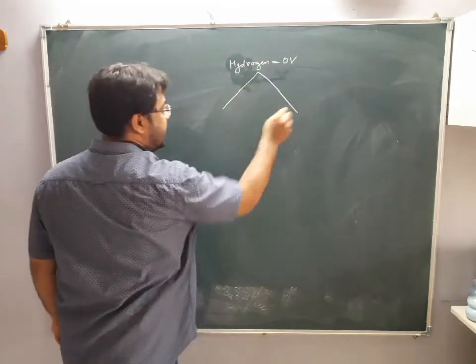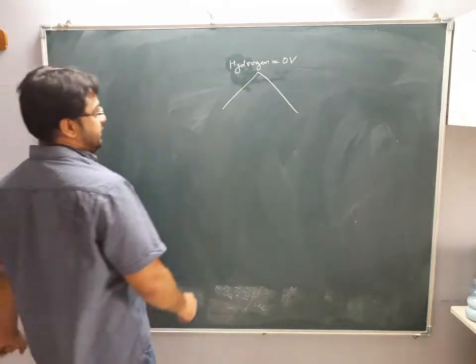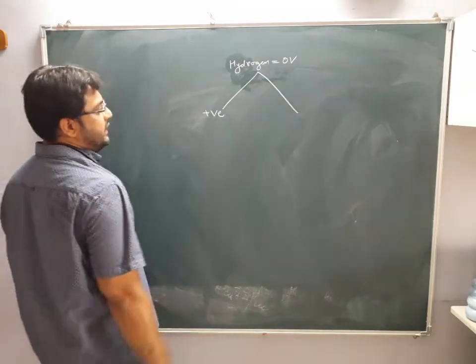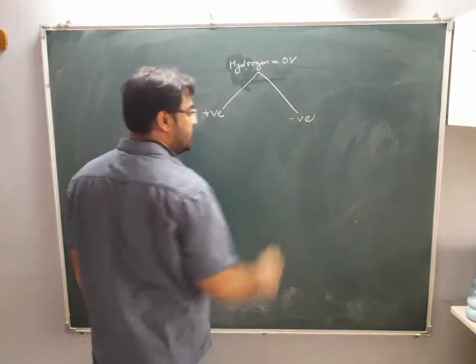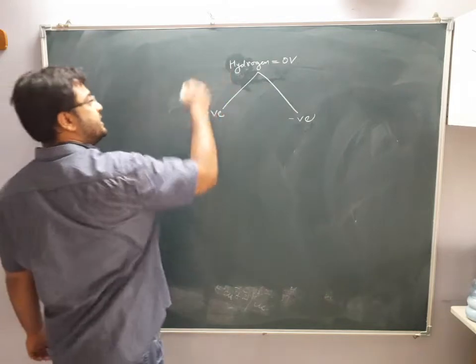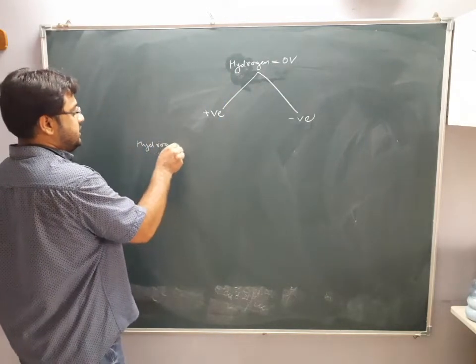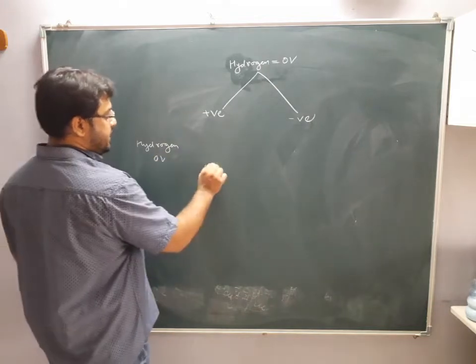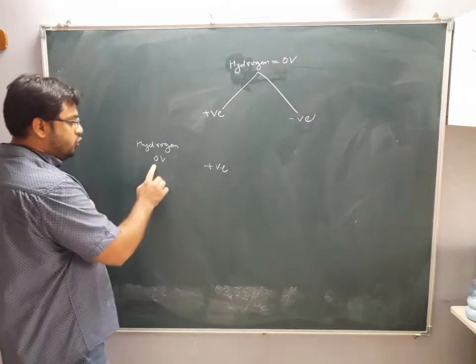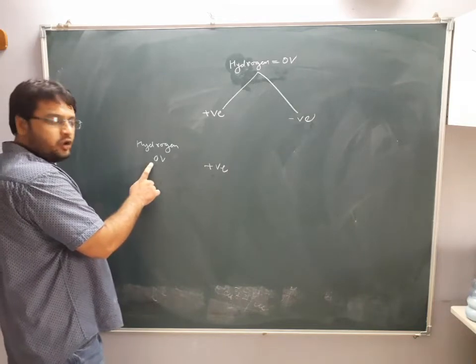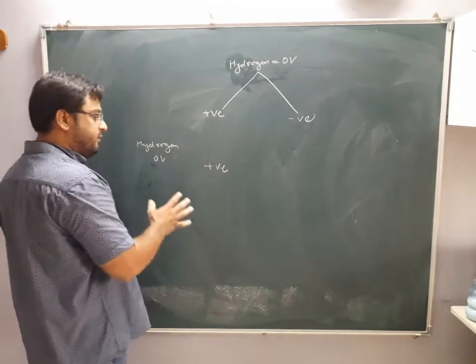We are comparing with hydrogen: above hydrogen there are positive values, and below hydrogen there are negative values. Hydrogen is 0 volt and here there are positive values, so who will be less? Hydrogen. So hydrogen will always act as an anode.